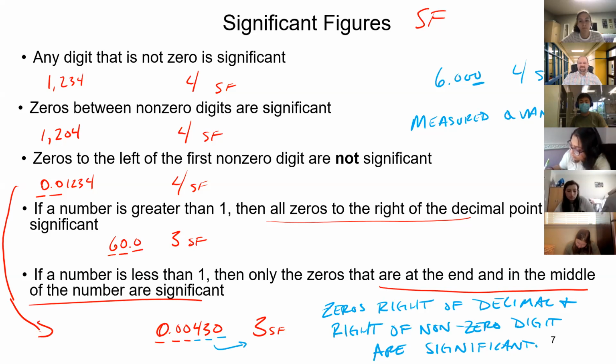If it's a counting number, then you're saying I have 1 beaker. It's one thing. I have 1 calculator. It's not 1.0 because I didn't measure it, I just counted it. Counting numbers, or exact numbers, have as many significant digits as you need. They do not limit our number of significant figures when we do calculations. That actually shows up a little bit later in the slides.